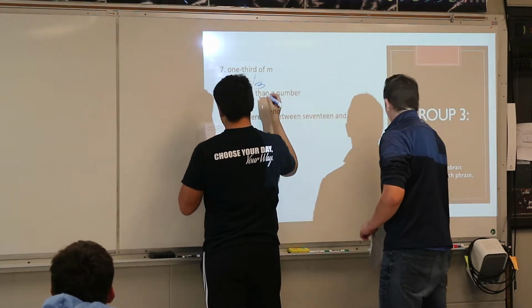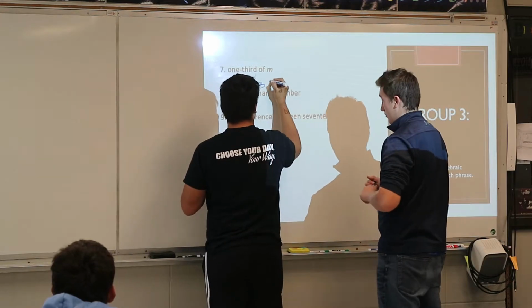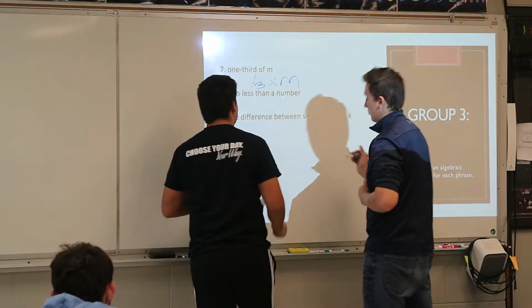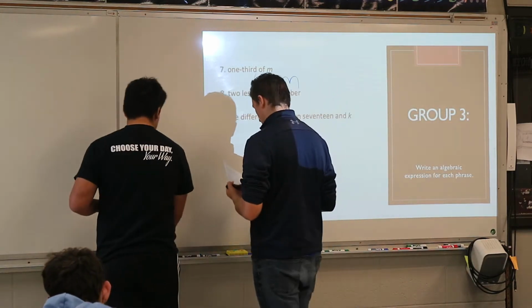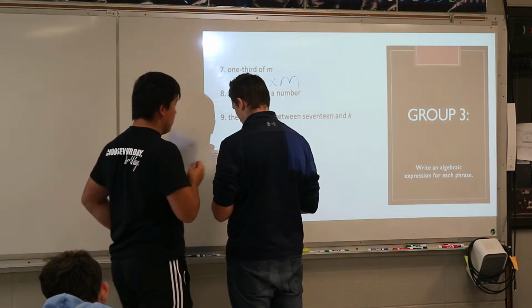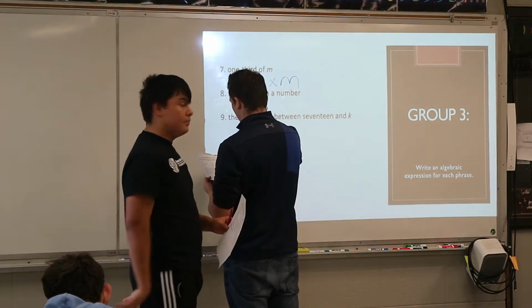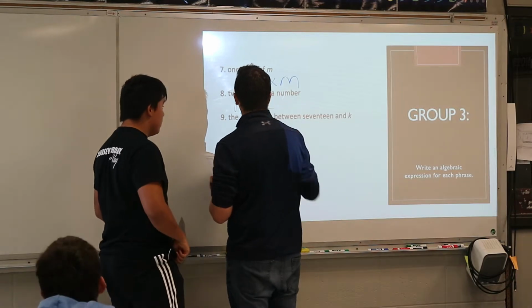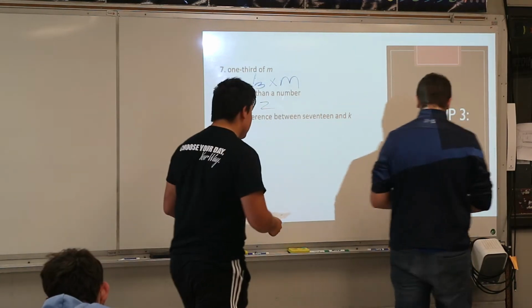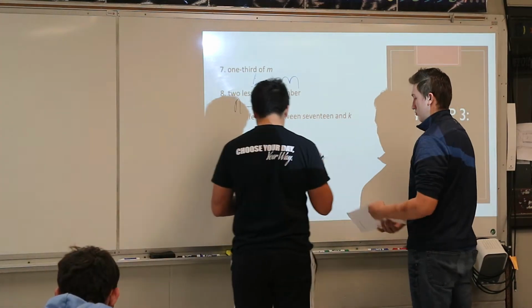There you go. Sorry, markers are dying. Good. And is there any other way to write that without the little X in between it? Yes. Oh, yeah, a little dot. Little dot. Or just put the 1/3 in front. 1/3 means a fraction, so it's 1/3 of n. So that means to multiply.